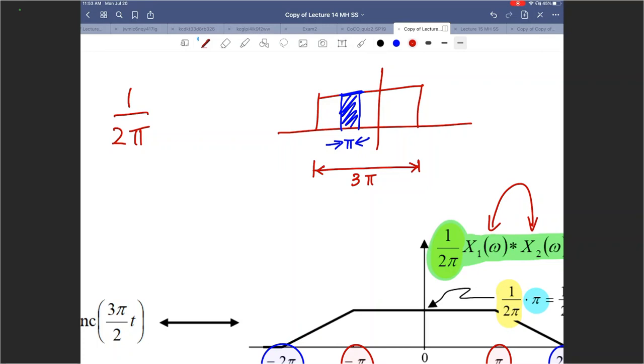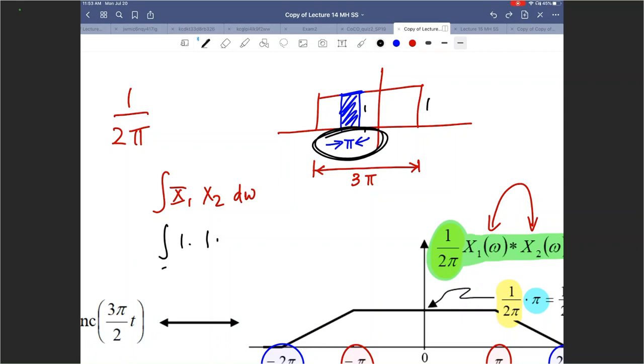So what is going to be the integral of x1 x2 over all omega, d omega? What is that going to be? Well, if this is 1 and this is 1, it is going to be integration between 1 and 1 over overlapping frequencies. What are the overlapping frequencies? They only happen for pi, right?